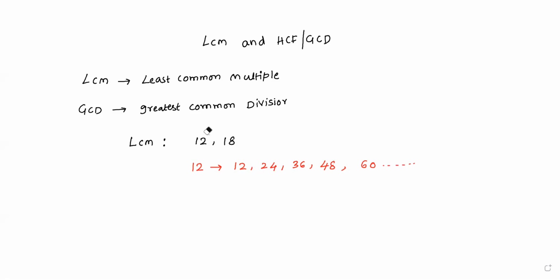Instead of 18, let me take 8, so then you can very easily write the table. So 8, 16, 24, then 32, then 40 and 48, and so on.